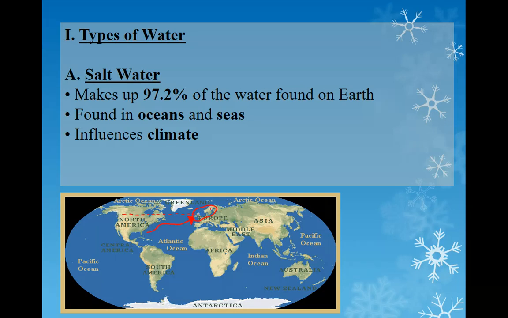This warm water has a significant influence on the climate. It makes the climate a bit warmer in this area, even though at a similar spot in North America, it would be much cooler.